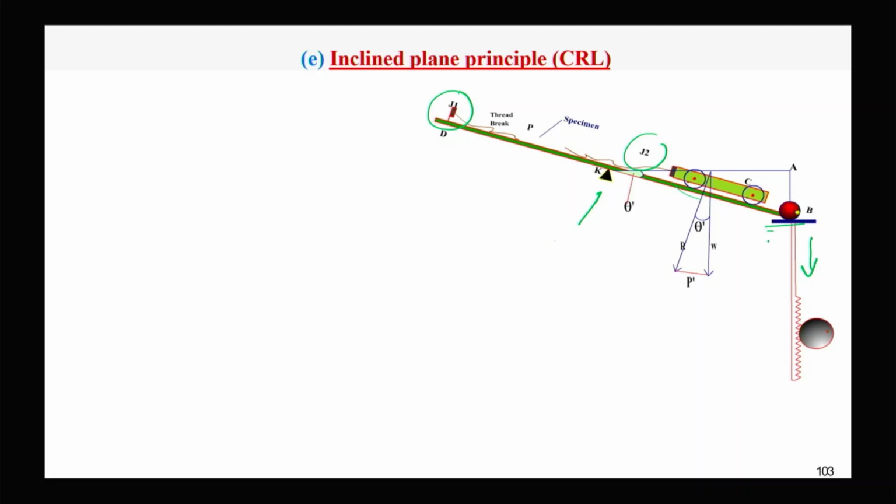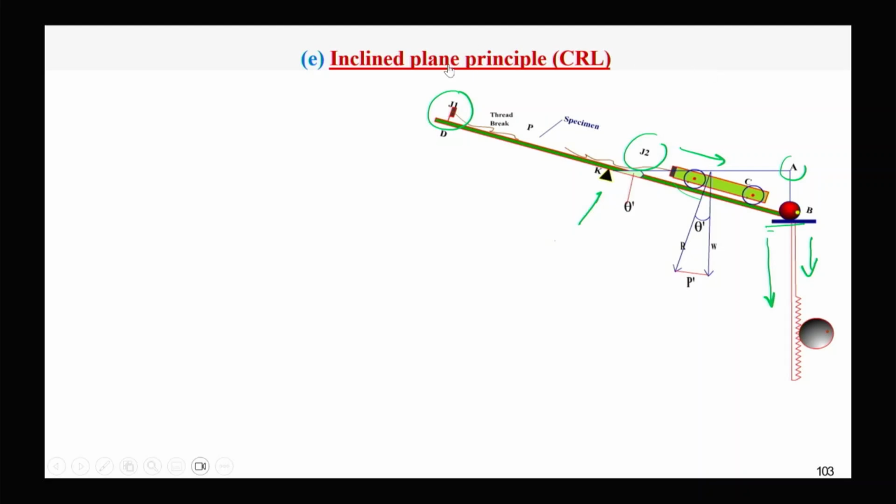As this platform moves downward at constant speed, the point A, the other side of the beam, will be lowered at constant speed. As it is moving down, sliding will be there and the carriage will move downward and the material will be loaded.